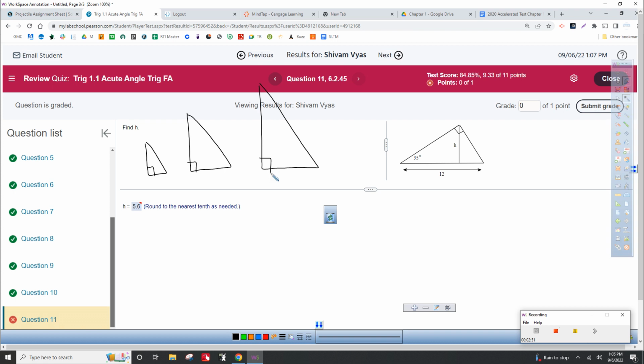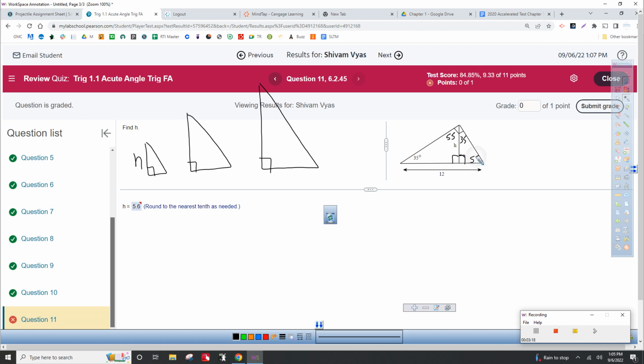Now in the small triangle, all we know is that this is H. Now in the medium triangle, well, here, let me do this real quick. This is probably 55 then, right? And that makes this 35.